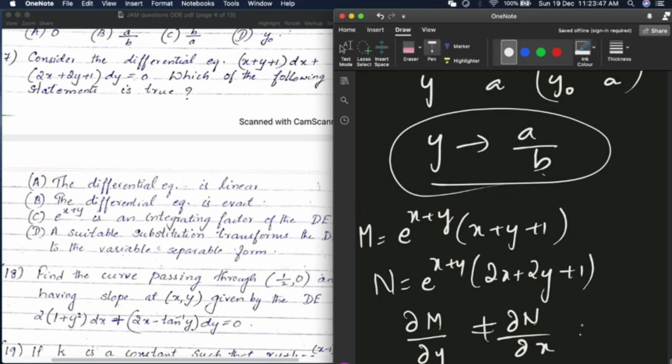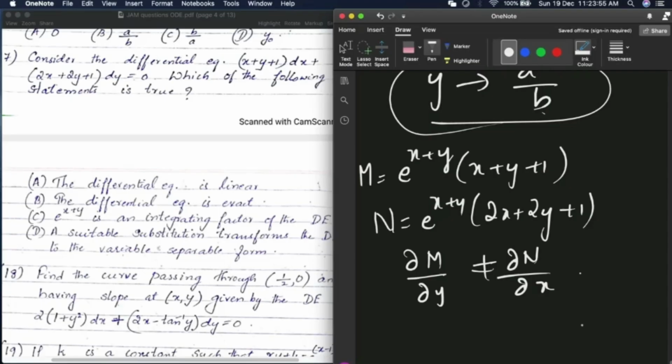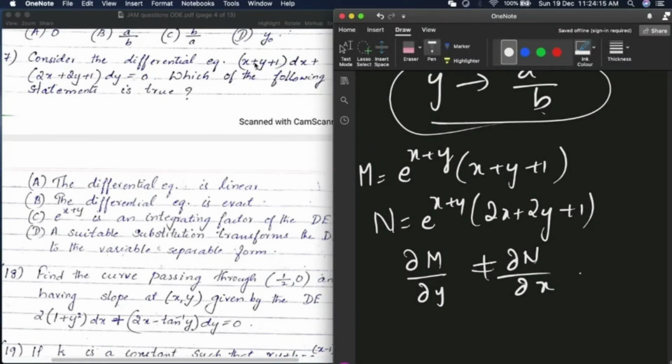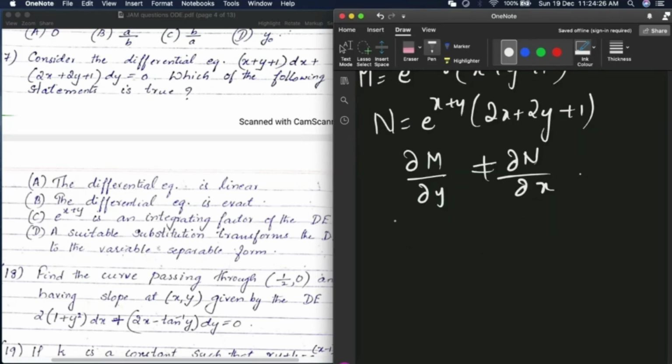A suitable substitution transforms the differential equation to a variable separable form. I think that we can try, because this x plus y is common here. So this becomes 2 into x plus y. Suppose I substitute some other variable for that. See, this is my differential equation. I think 4 is correct. So x plus y plus 1, it has to be, because first 3 is anyway ruled out. So 4 has to be correct.